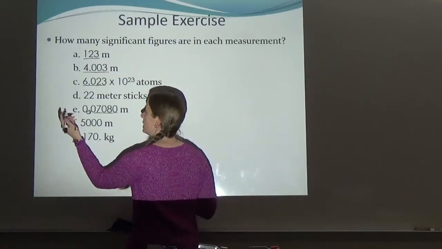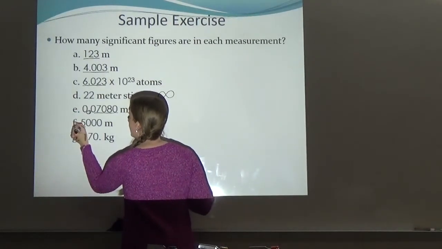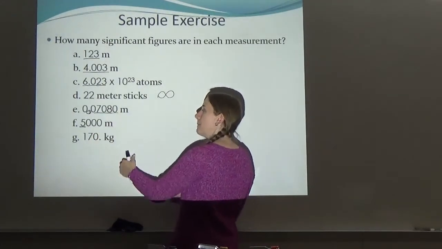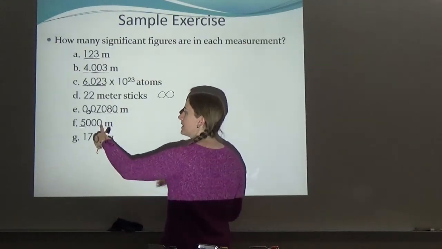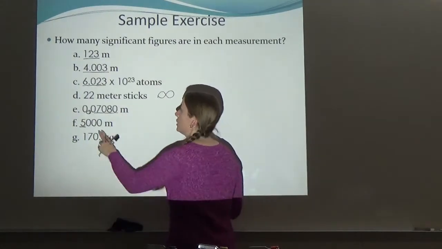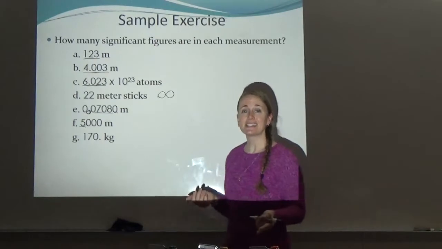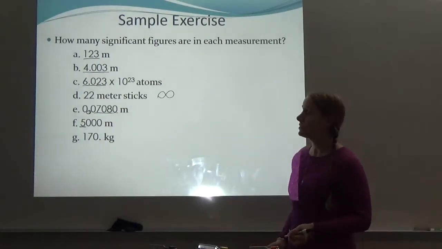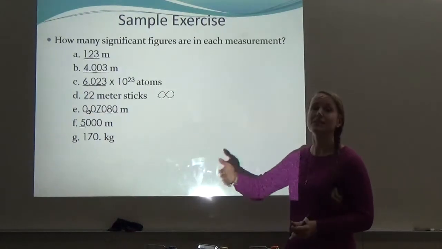So for part F, 5 is significant because it's not a 0. These 3 zeros are back zeros. However, even though I know the decimal point is right here, I cannot see the decimal point, so these zeros are not significant. And again, they're placeholders, so it doesn't change the number 5. It's still 5,000.